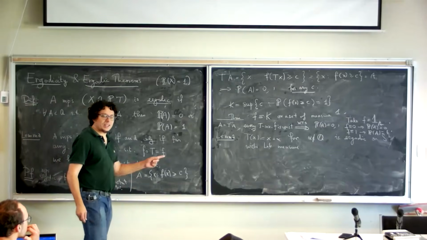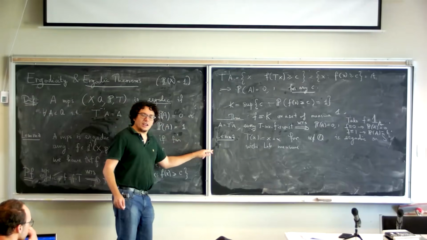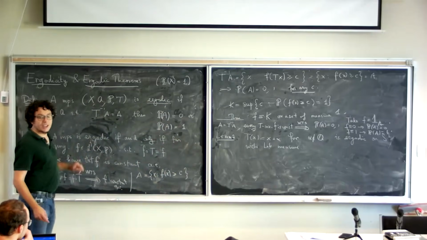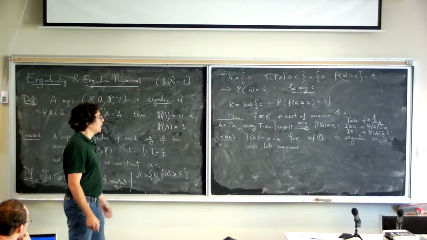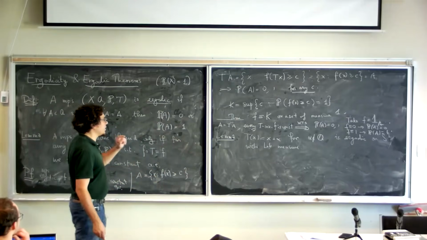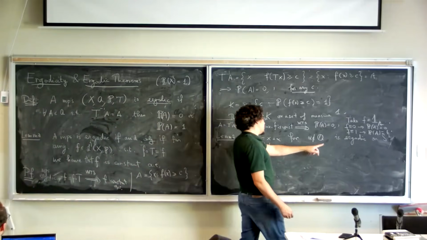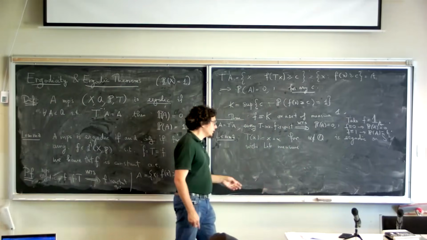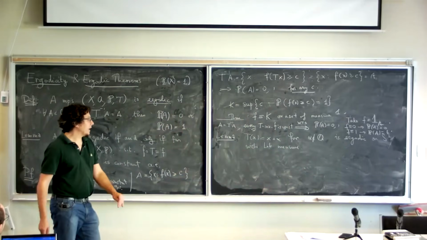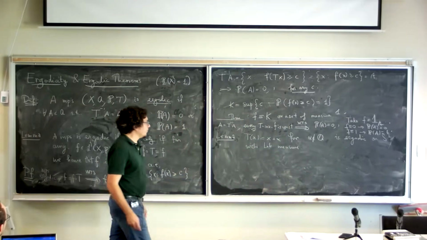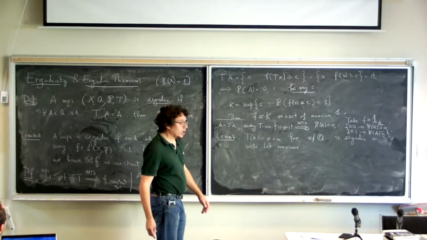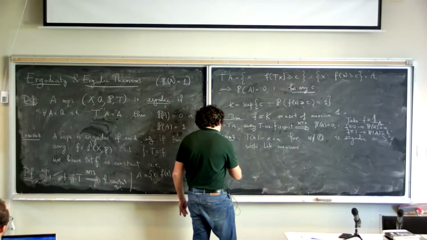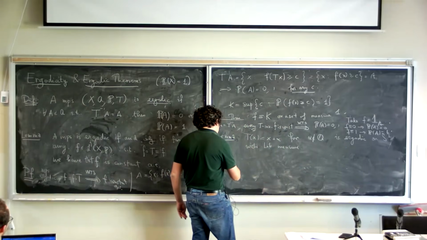Why do I say this? Because to prove this lemma, I think the correct thing to do is to take f in L2. So what do I want to show? I want to show that if you take an irrational rotation on the torus, on the circle, you get an ergodic system.